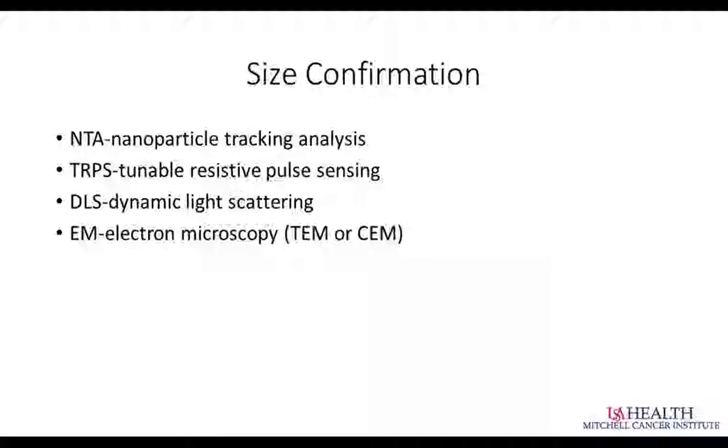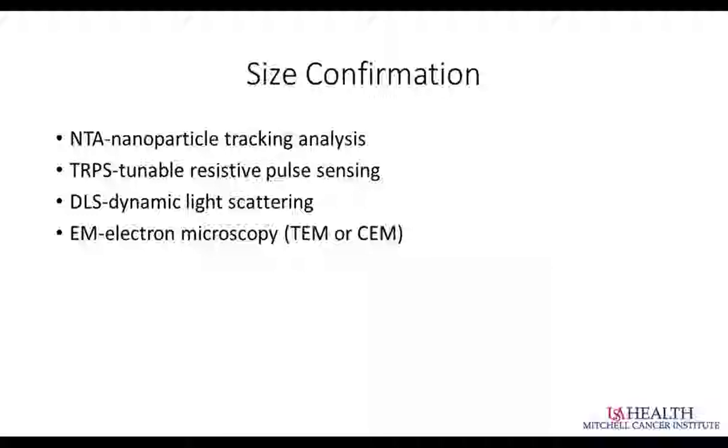So the laws of physics that cover Brownian motion are how it develops algorithms to actually calculate the size of the exosomes. It's very quick, and it can also at the same time give you a relative concentration of the number of particles per milliliter. So like I said, that's pretty much become one of the most popular systems to use for sizing exosomes these days.